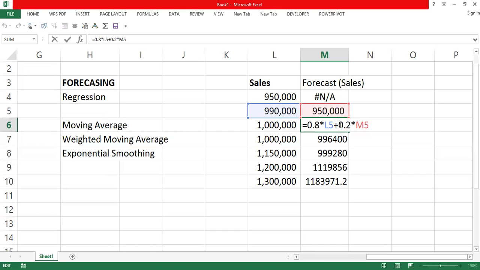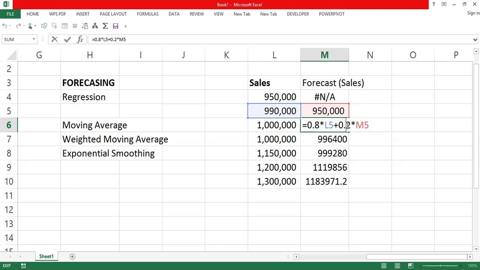It applies a weight of 0.2 to the previous forecast and 0.8, which is 1 minus 0.2, to the previous actual. I don't know if you are getting me. So it's saying 0.8 times the actual for the period, which is this one, L5, plus 0.2 times M5.